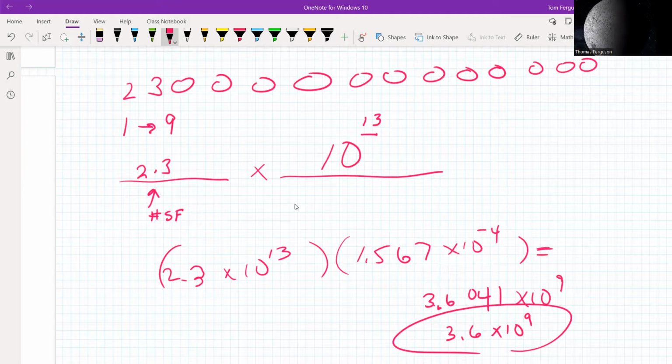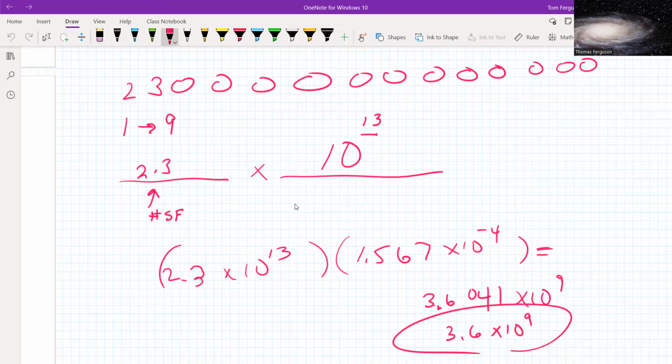Just to be clear, the answer is 3.6 times 10 to the 9, because there are only 2 sig figs, so you just drop the 0. We go to the third place: 0 to 4, just drop it. 5 to 9, we kick the second place up by 1.